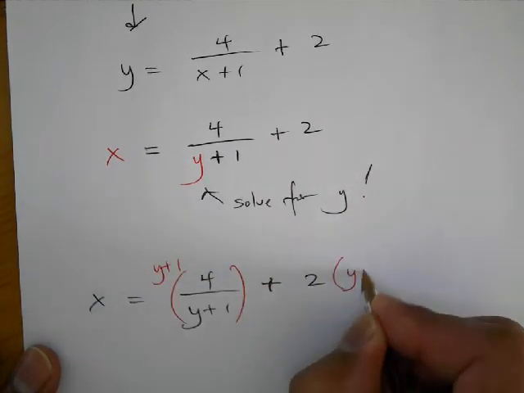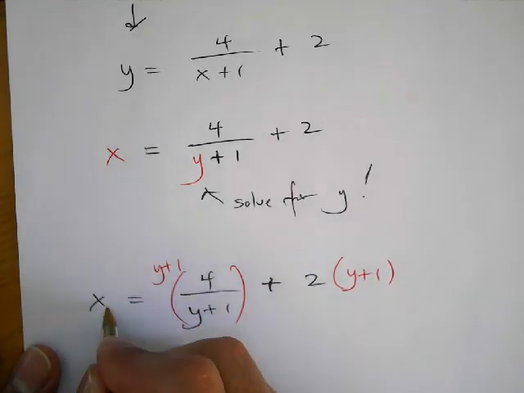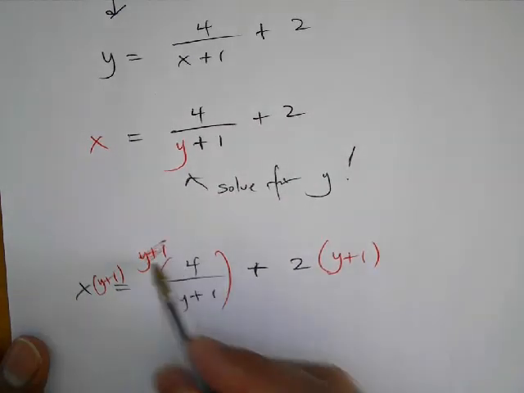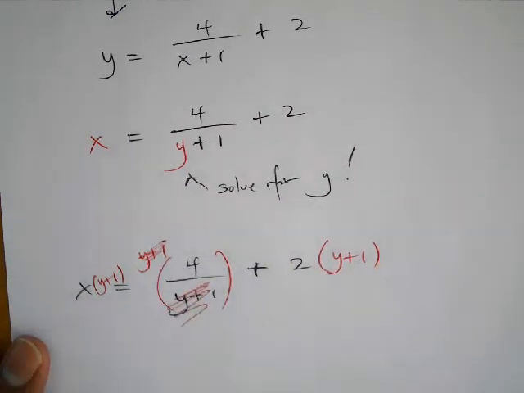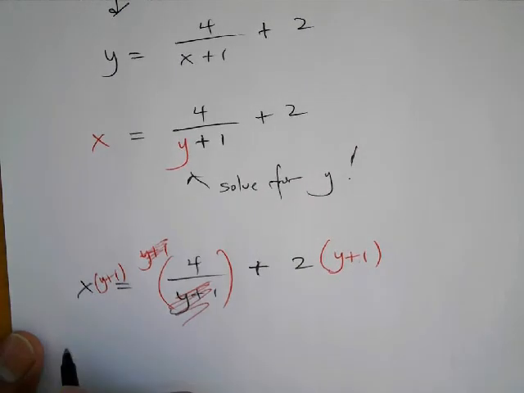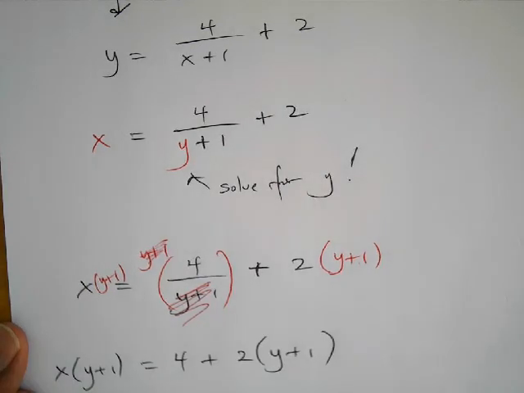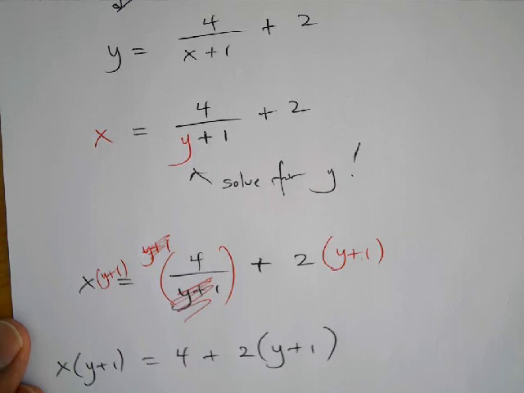It's y plus 1, so everything gets multiplied by y plus 1. And so even though it gets canceled out here, the y appears over here. So it's x times y plus 1 is equal to 4 plus 2 times y plus 1.